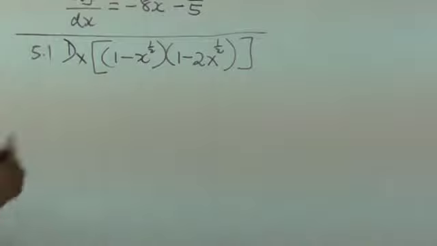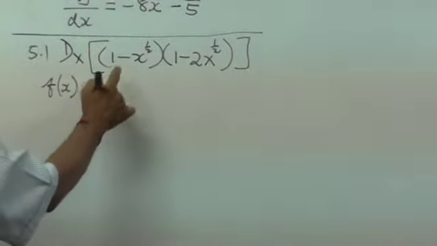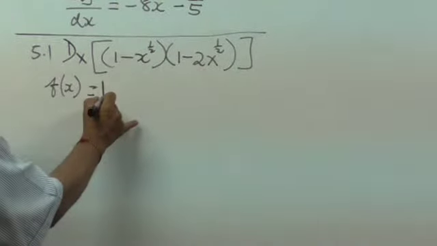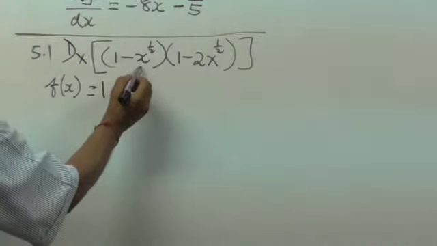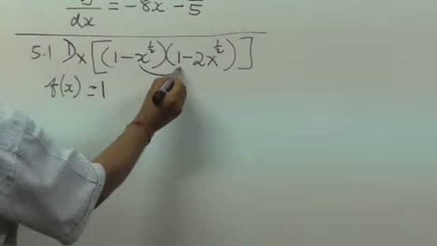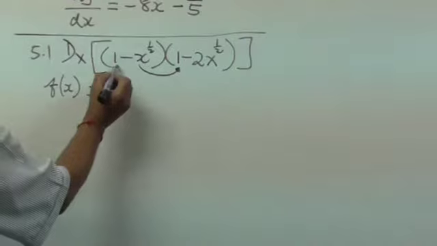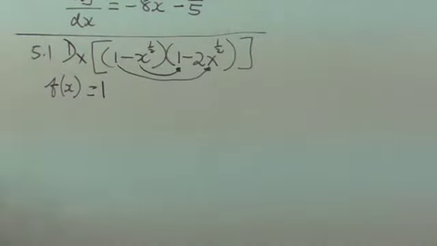So if you like, you can just make this question like this. F of x is equal to 1 times 1 will give you 1. I'm multiplying, and then that will give you minus 1x to the half, and that will give you minus 2x to the half.